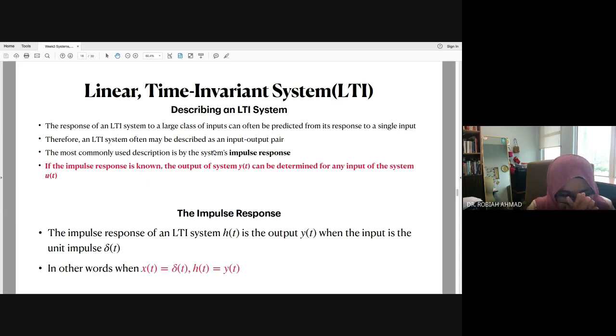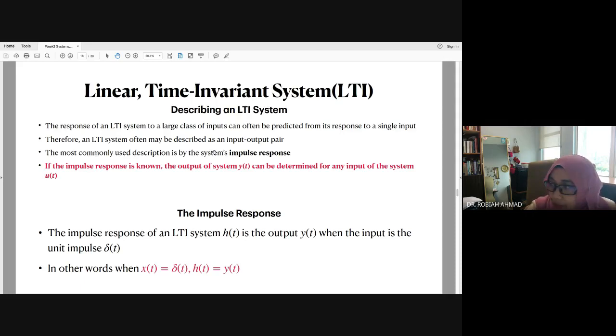Okay, so we discussed the basic properties of the system just now. And then I mentioned to you that linear and time invariant are the ones that we are much interested in. Because if you look at a linear time invariant system, usually the short form is the LTI system. So why is it important? Why is it of our interest?